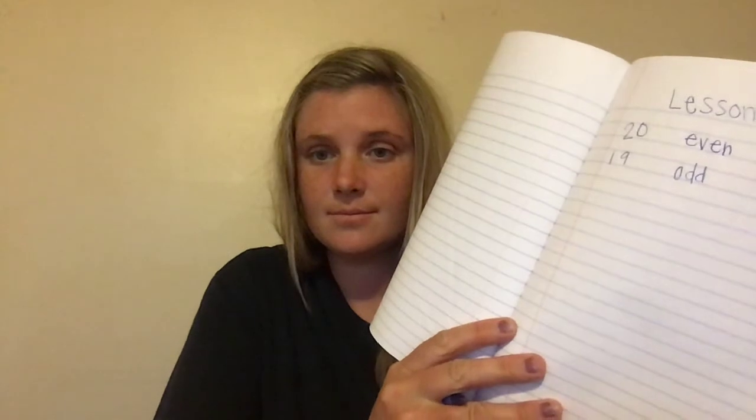So right next to 20, write even. E-V-E-N. Now, when we took this buddy away, when he had to go home, how many bears did we have? 19. Right, odd. O-D-D. Okay. So we have 19 bears here, right?